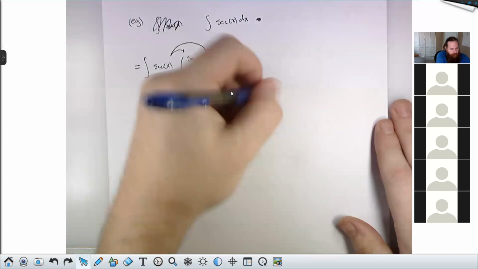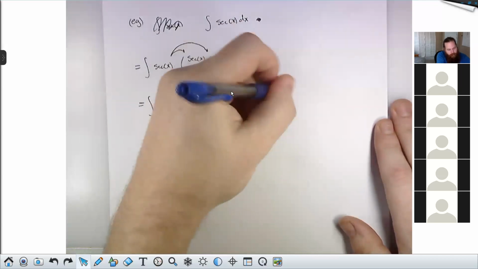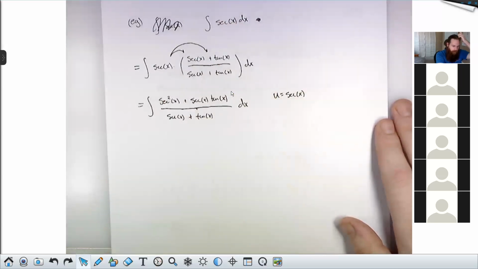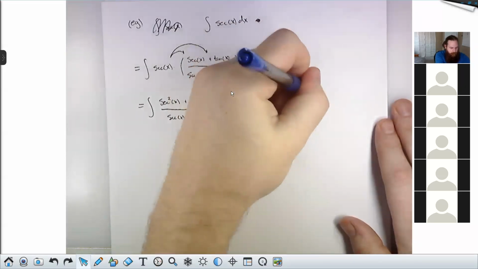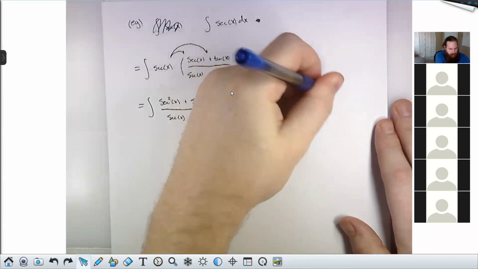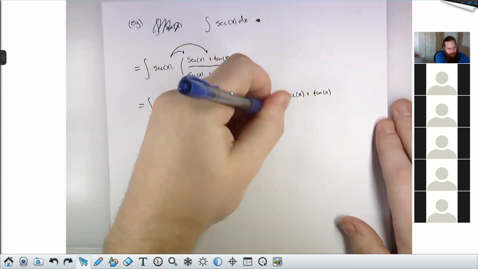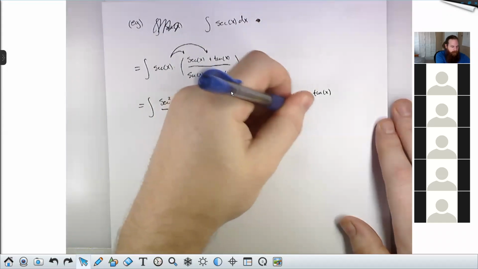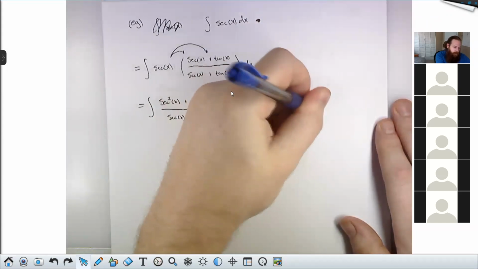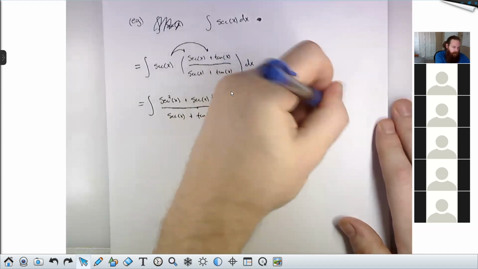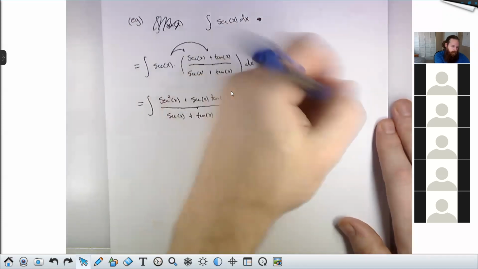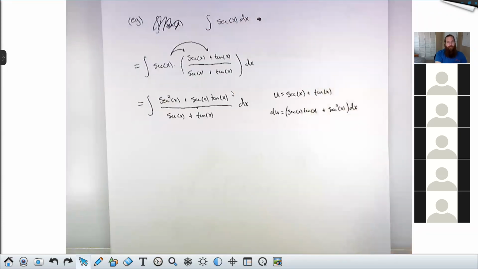So if we substitute u equals the denominator, just like we did when we did the original tangent integral, then du, derivative of secant is secant x tangent x, plus the derivative of tangent is secant squared x. So that's du, which is my numerator.